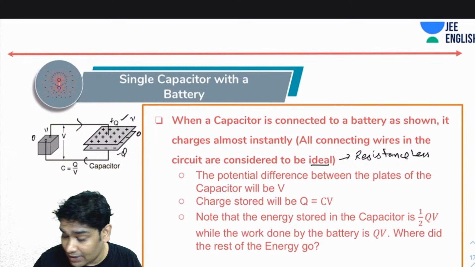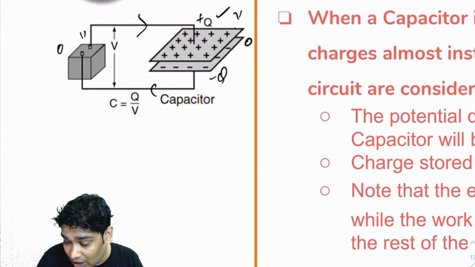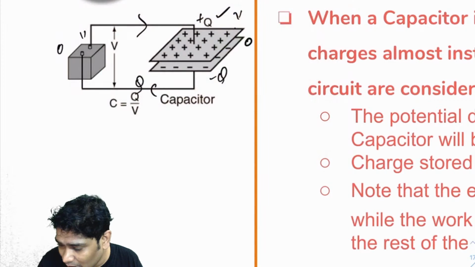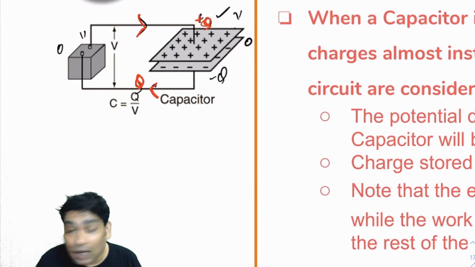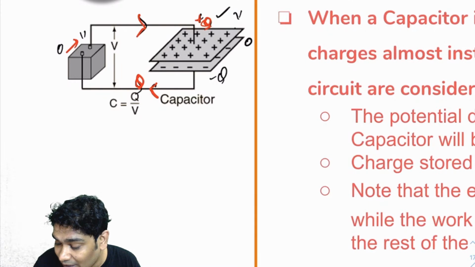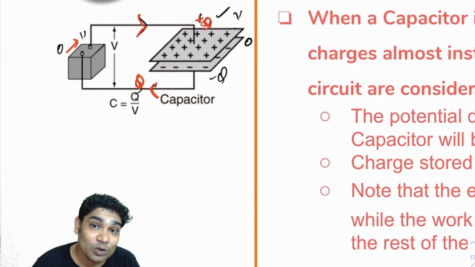Now let's talk about the battery. A charge Q essentially flows from this plate to the other plate. Think about this: the charge Q is flowing from the negative plate and going to the positive plate. All this charge will cross the battery here. Here it has to go from a lower potential to a higher potential.